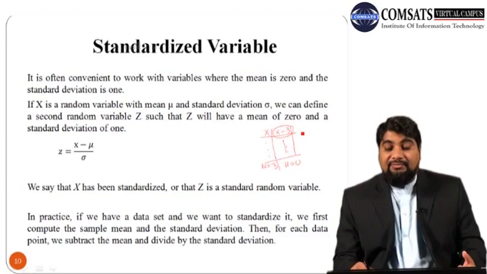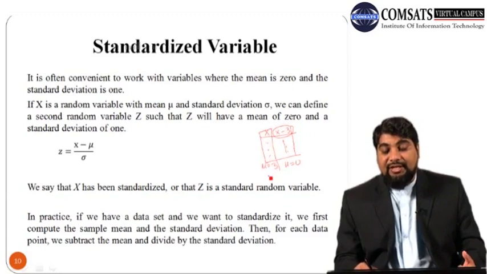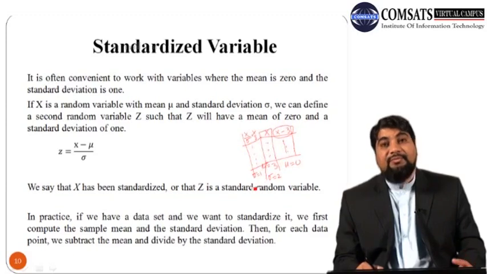And similarly, suppose this random variable x with certain values has a standard deviation of, let's say, 2. If we divide this x by sigma, or x by 2, it means we divide each observation by 2. If we calculate the standard deviation of these new observations, this will be 1.